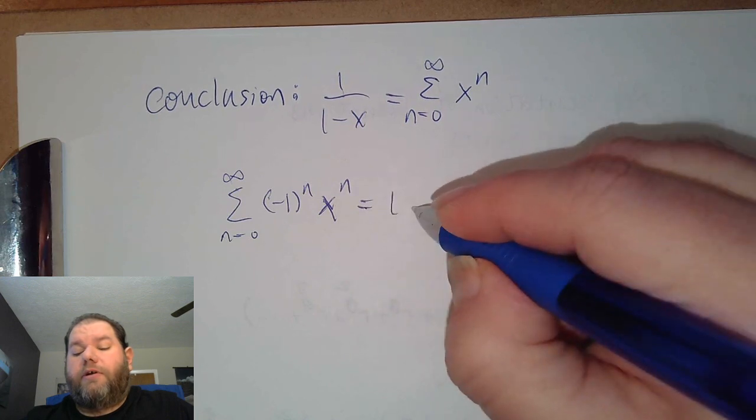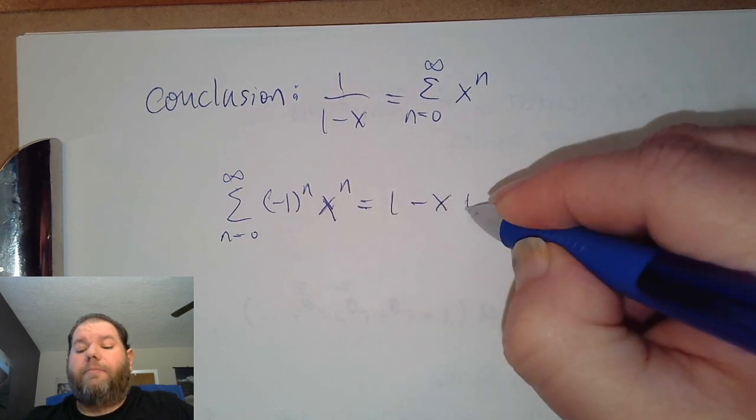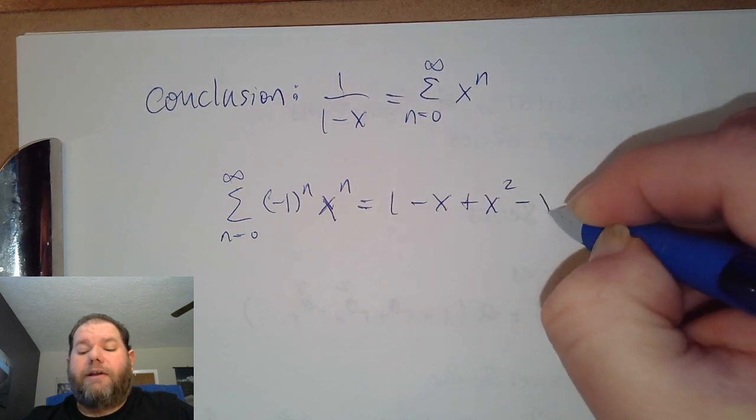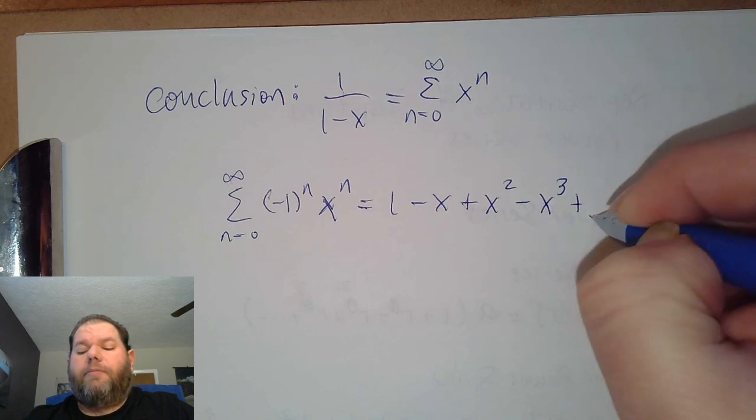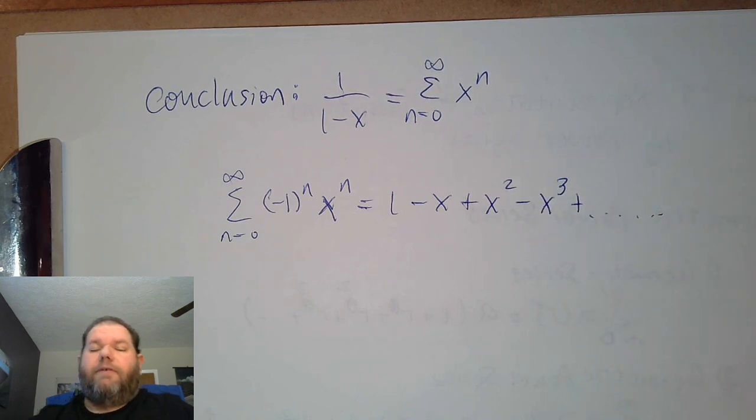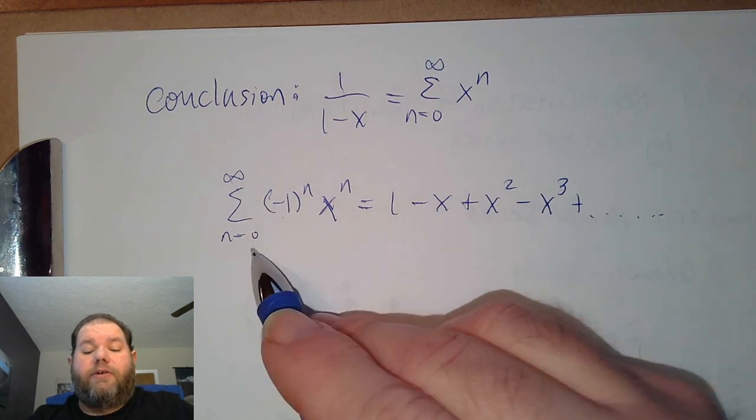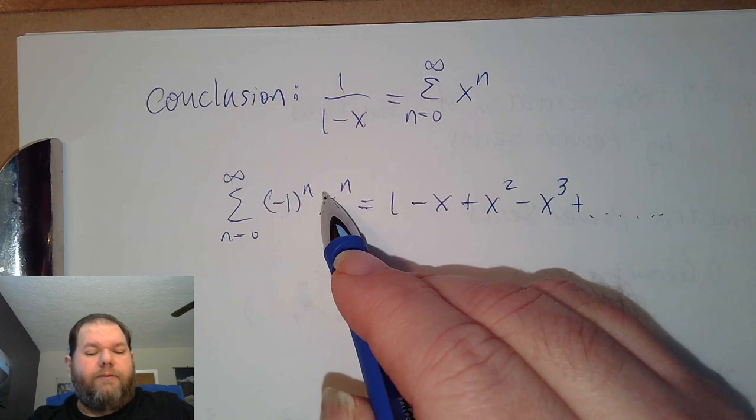Well, it starts off 1, then minus x plus x squared minus x cubed plus x to the fourth minus x fifth, and so on. That's alternating signs. It starts off positive because negative 1 to the 0 makes the first term a positive 1.